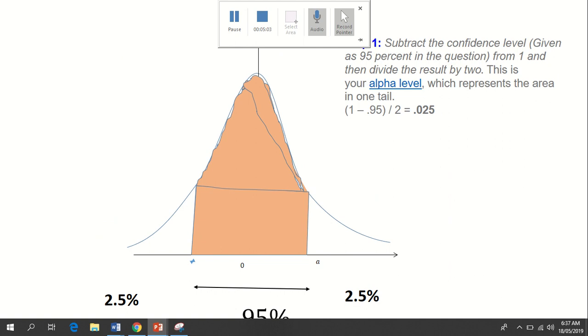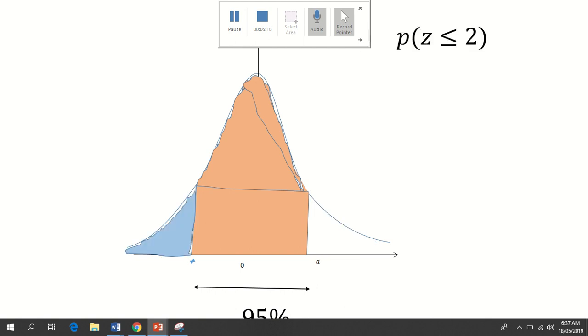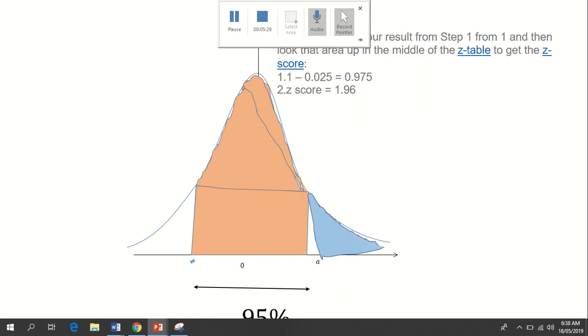The first step is 1 minus 0.95, which is 0.05, divided by 2, which is 0.025. From this curve, which went up to 0.95, I took out 0.025, and I'm now left with this.